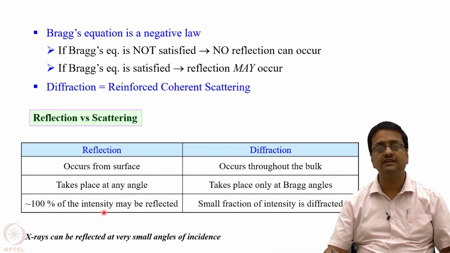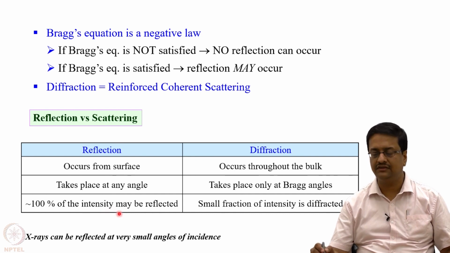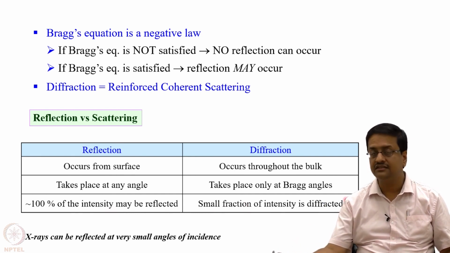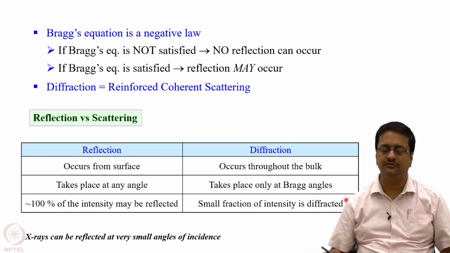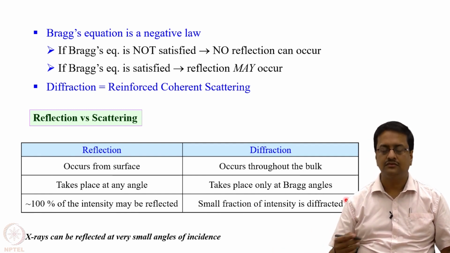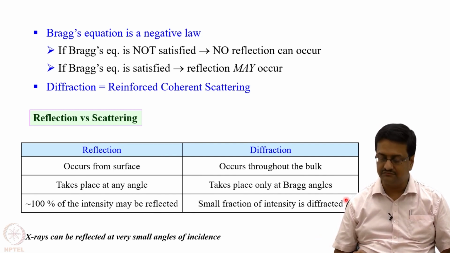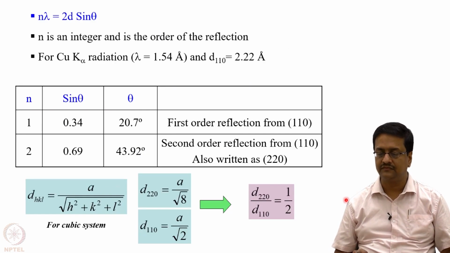Generally, 100% of the intensity may be reflected during a reflection process, but only a small fraction of intensity is diffracted during a diffraction process. X-rays can be reflected at very small angles of incidence, but that is a different region of X-ray crystallography.